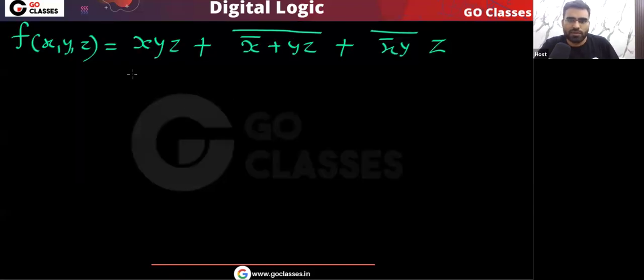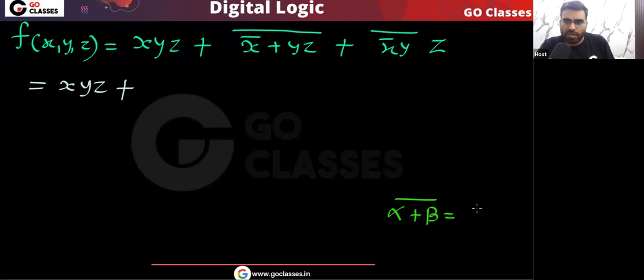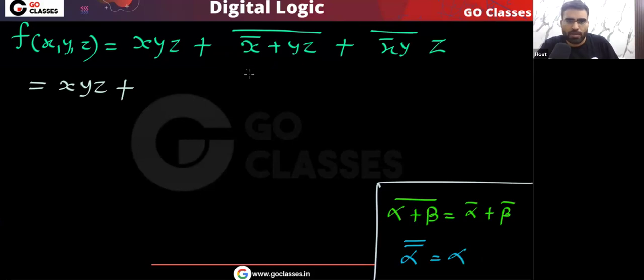Now let's simplify this. Here this will be xyz. Now you can apply the De Morgan law. We already know that (alpha or beta) whole complement is alpha complement and beta complement. We also know that alpha double complement is equal to alpha. So all these things we already know, so you can apply them.